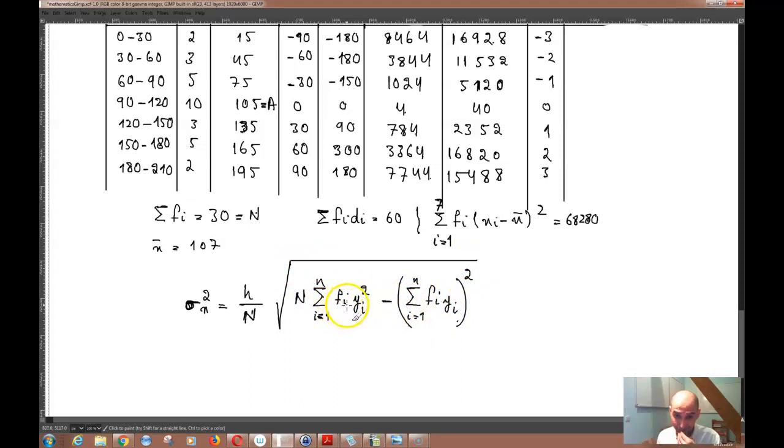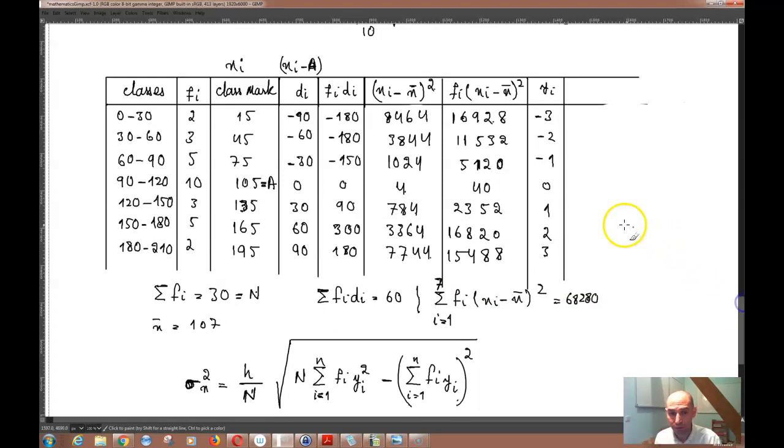So now what I need to calculate is also f of i times y of i squared. So y of i squared is equal to, for example, 9 times 2 is equal to 18. 4 times 3 is equal to 12. 1 times 5 is equal to 5. That's a 0. 1 times 3 is equal to 3. 4 times 5 is equal to 20.